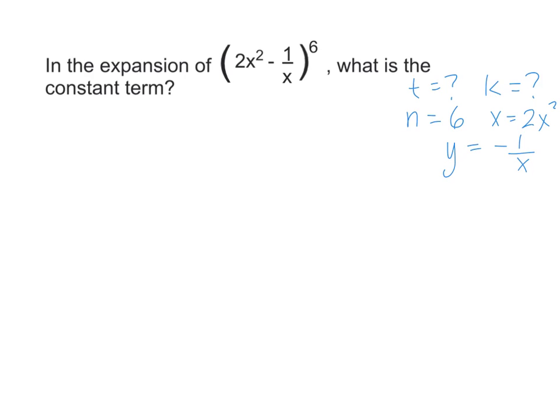And again, I'm going to start just by filling in what I know. So t k plus 1 equals 6 choose k, and then 2x squared to the power of 6 minus k, negative 1 over x to the power of k.